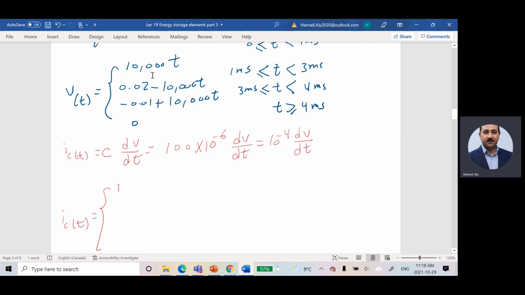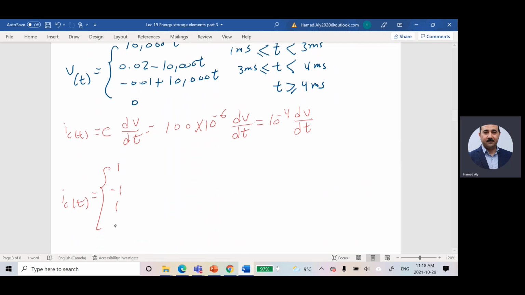Then dV by dt for this will be 0. And dV by dt for this will be negative 10,000 times 10 to the power negative 4. It will be negative 1. Again, the derivative of this will be 0, and this will give me 1. And last one will give me 0.